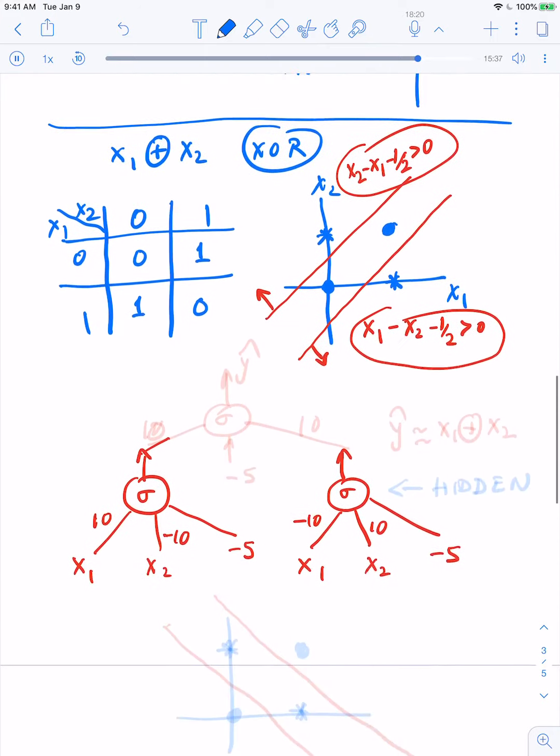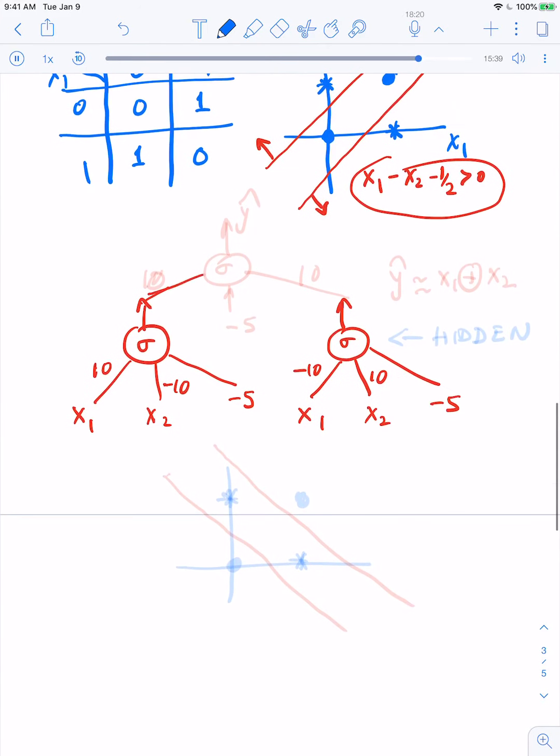So I'll put these together into a sigmoid, and I'll put a bias of minus 5 here, and I'll put 10 here and 10 here and get a y hat. And you can check that this y hat is approximately equal to x1 XOR x2.